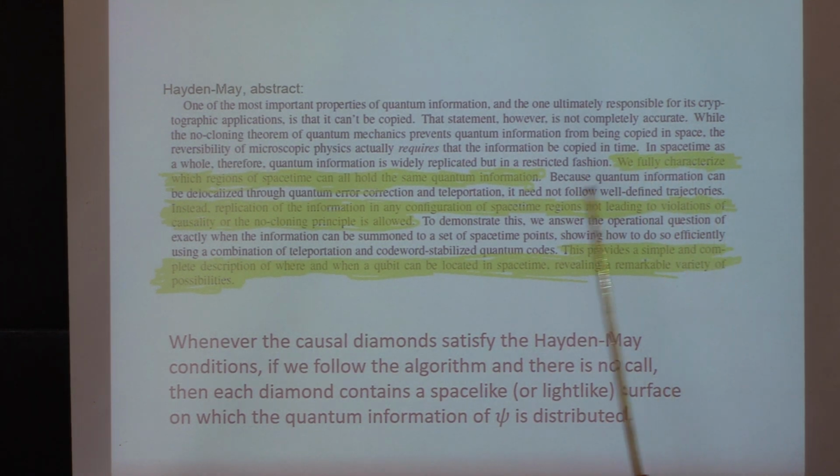We fully characterize which regions of space-time can all hold the same quantum information. Replication of the information in any configuration of space-time regions not leading to violations of causality or the no-cloning theorem is allowed. This provides a simple and complete description of where and when a qubit can be located in space-time, or in a general state can be located in space-time, revealing a remarkable variety of possibilities.